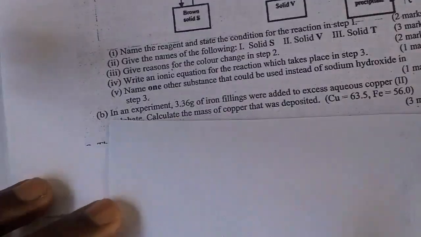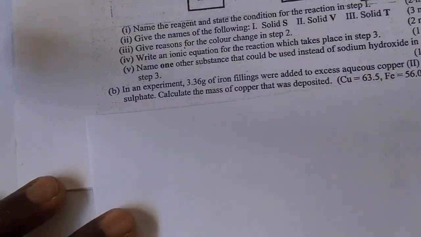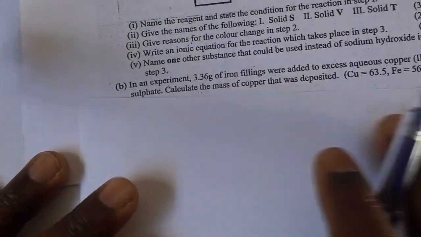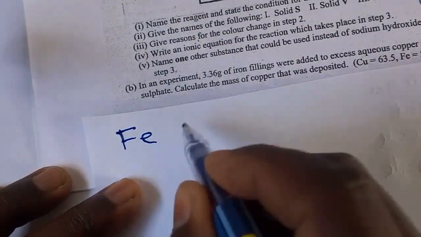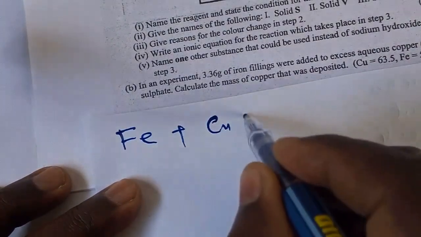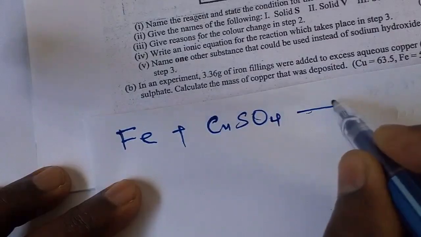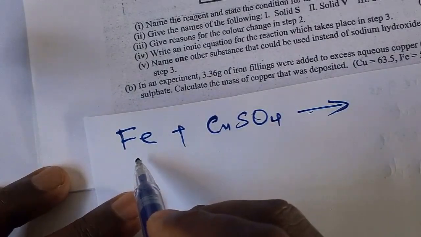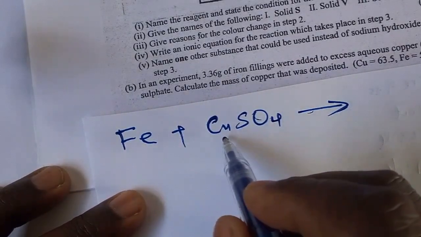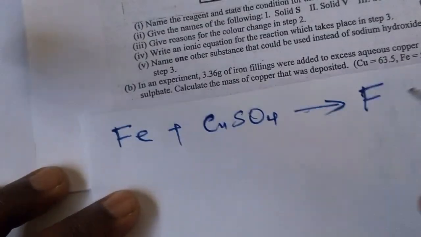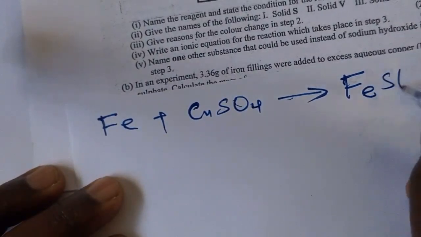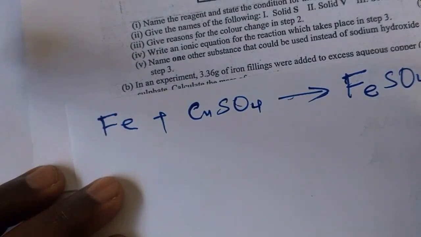Now they are taking us back to electrochemistry, displacement reactions like that. So you need to know that iron, if it is added to copper sulfate, iron being more reactive than copper, it will displace copper from its solution, forming iron sulfate plus copper, right?